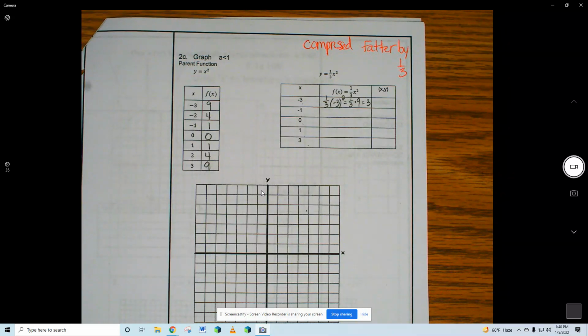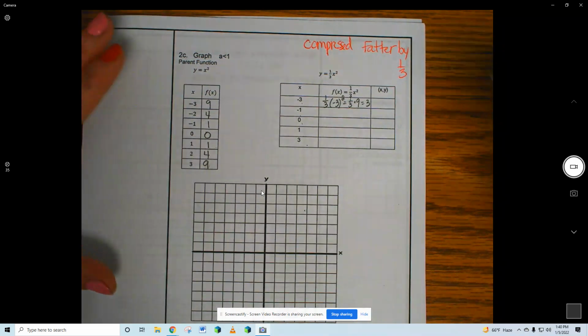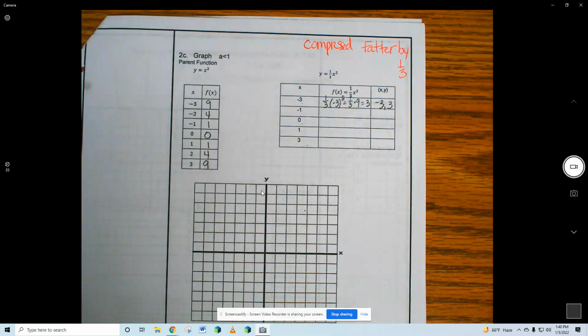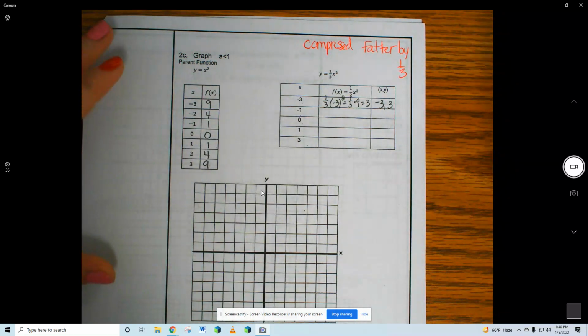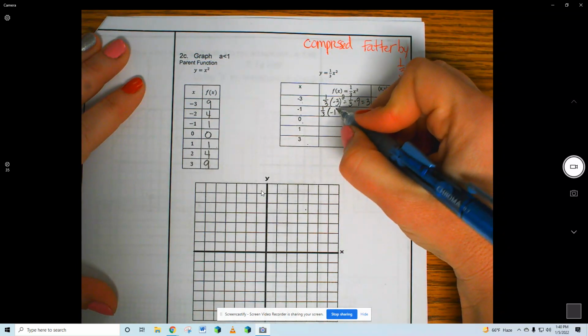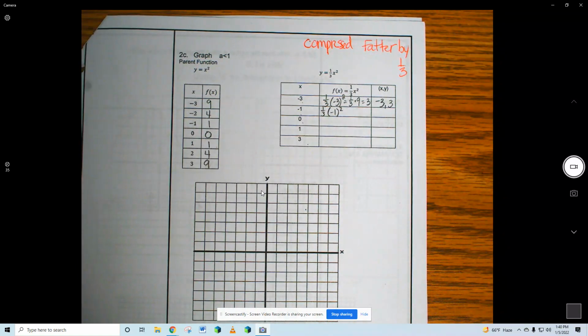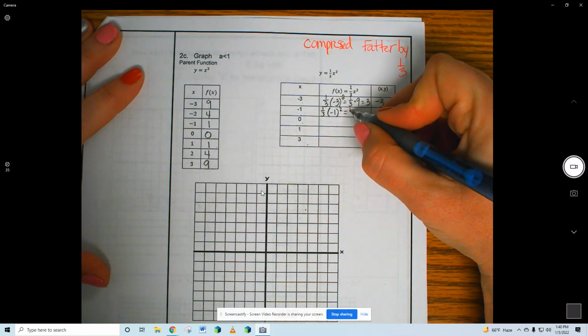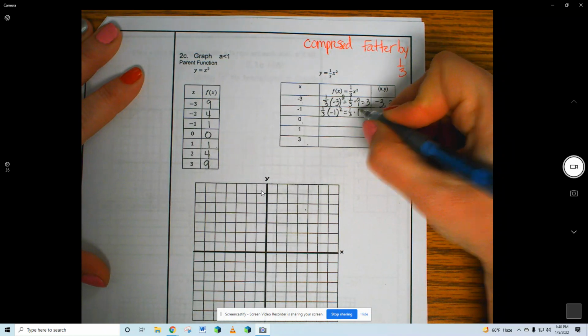All right, negative 3 comma 3. 1/3 times -1 squared. 1/3 times +1. Be careful.